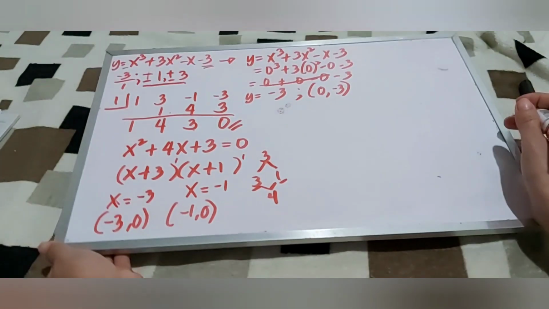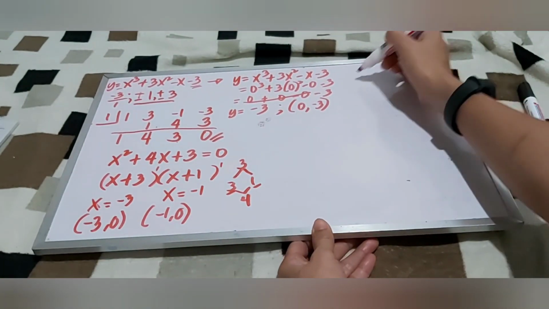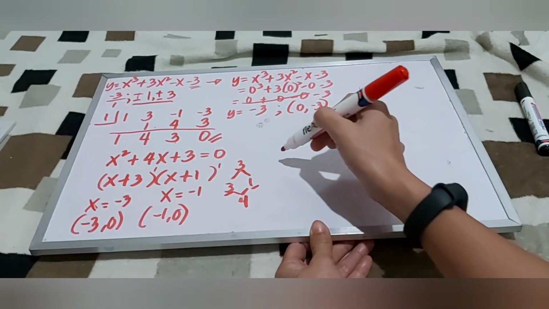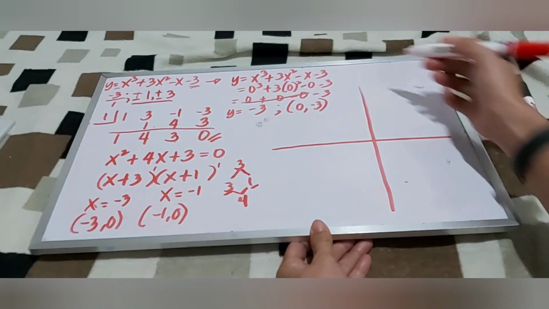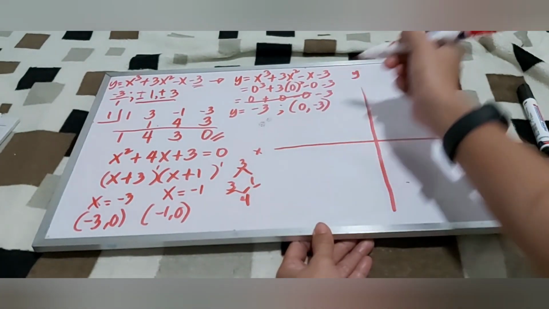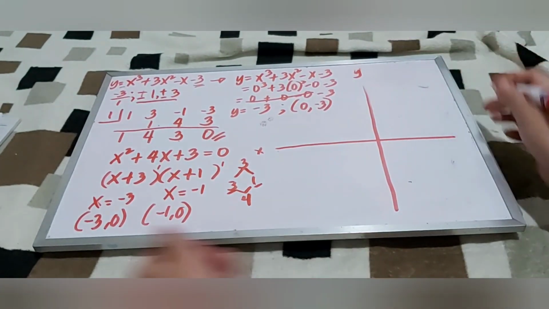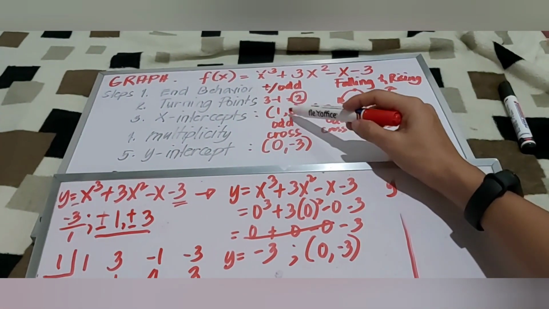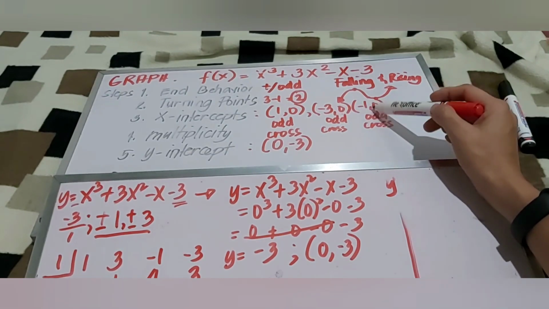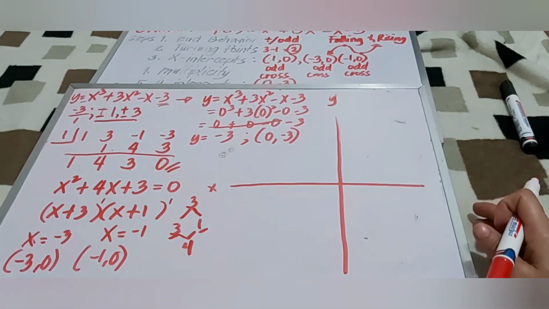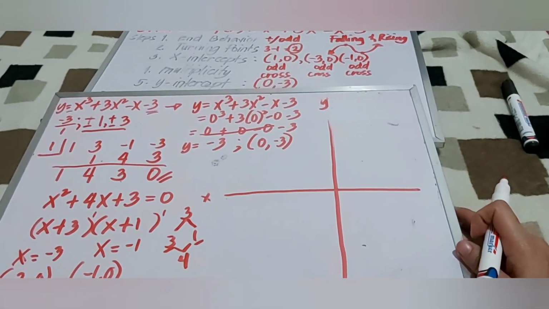Now, mag-graph na tayo. So, sa graph, ayan. This is our y-axis. This is our x-axis. Sa pag-graph, bigyan natin pansin agad muna yung ating mga intercepts. Plot natin ang intercepts natin. Wait lang, angat ko na lang. Ayan. Kita ba? Ayun.